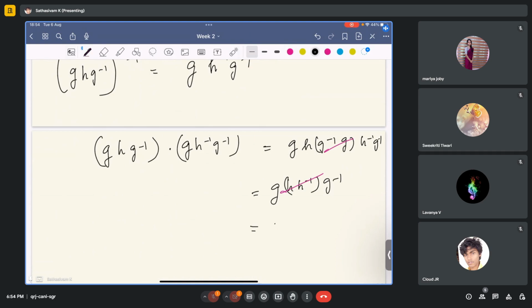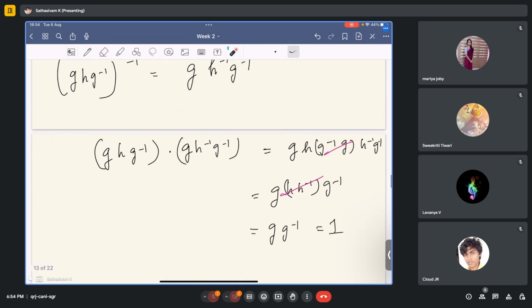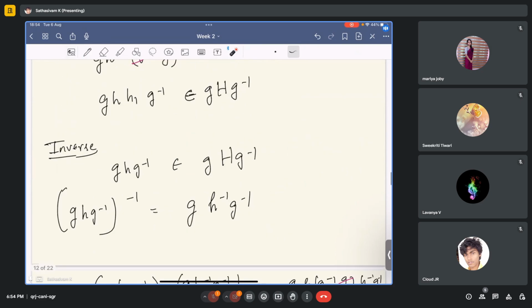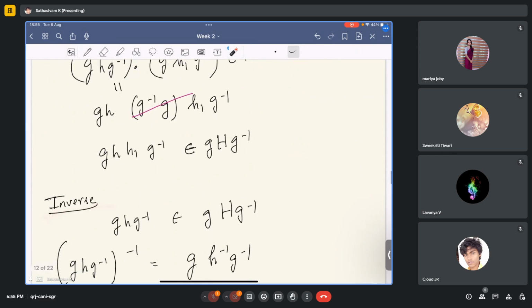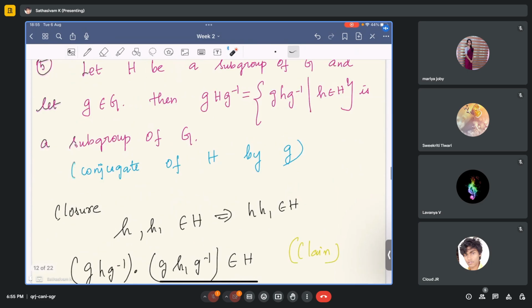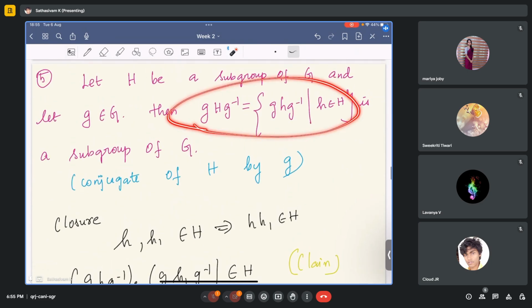I think it is clear from here, right? It became g inverse, and this is equal to 1. So that tells you this is the inverse of this element. You can also pre-multiply and do the same thing, and you will get exactly the same result. So this is the inverse. We have both the closure and the inverse, and hence this is a subgroup.